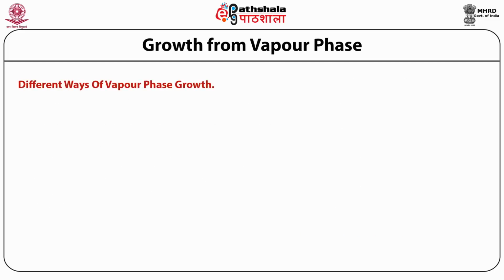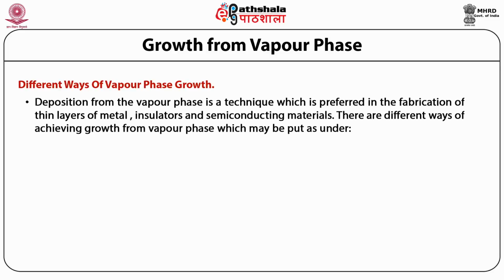There are different ways of vapor phase growth. Deposition from the vapor phase is a technique which is preferred in the fabrication of thin layers of metal, insulators, and semiconducting materials.